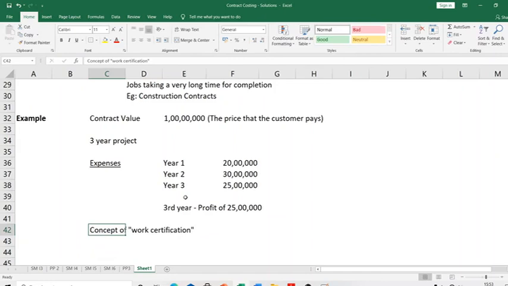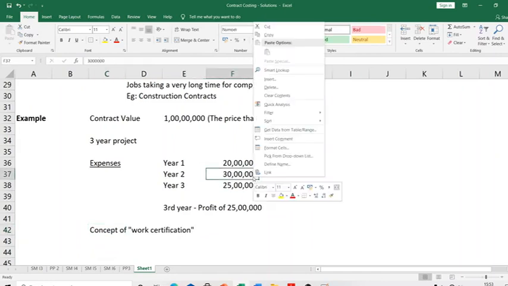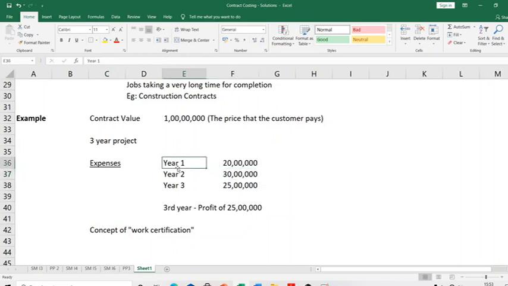See, I don't want to split my revenue equally across 3 years, because in the first year maybe only 20 or 30% work might have been done. Second year probably more than that, 40% work was done. First year 30% work was done, second year probably 40% work was done, then finally the balance 30% was done in the third year.